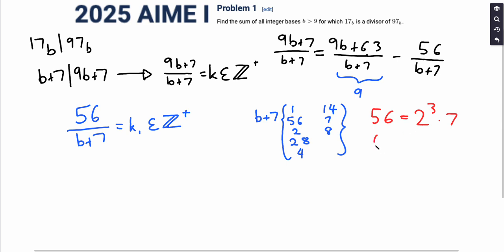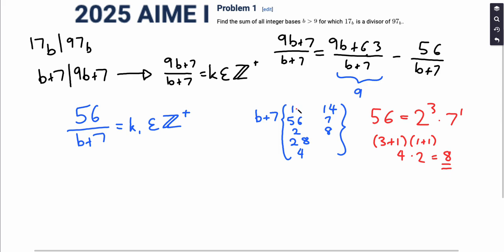We add 1 to each power in the prime factorization of a number. So here, I'm taking 3, adding 1 to it, and taking 1, adding 1 to it. Then I multiply these numbers together. So I get 4 times 2, which is equal to 8. That shows that we have 8 factors of 56, and these are all the 8 that we are supposed to be accounting for.